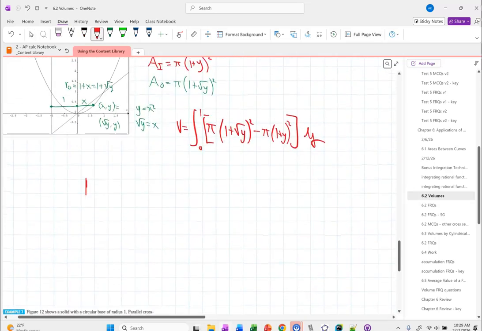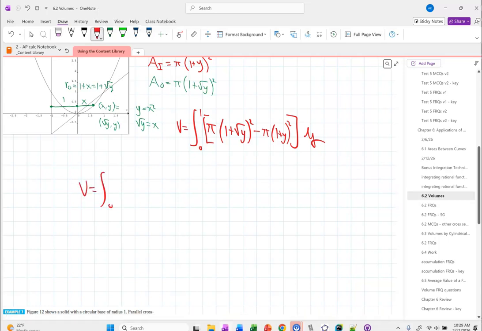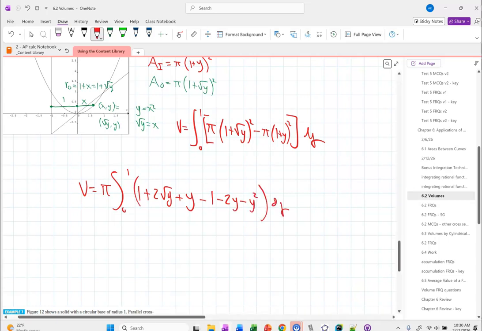So far, so good. I'm going to FOIL things out. I'll pull the pi's out. So I'm going to have 1 plus 2 square root y plus y minus 1 minus 2y minus y squared dy.